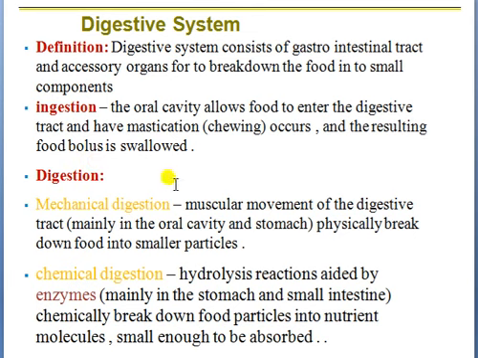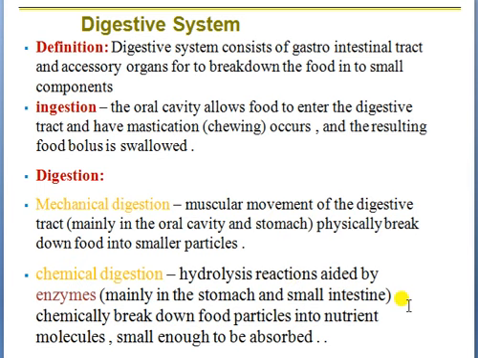Digestion happens by two processes: mechanical digestion and chemical digestion. In mechanical digestion, through the muscular movement of the digestive tract, the food is physically broken down into small particles. In chemical digestion, hydrolysis or other enzymes break down the food particles.